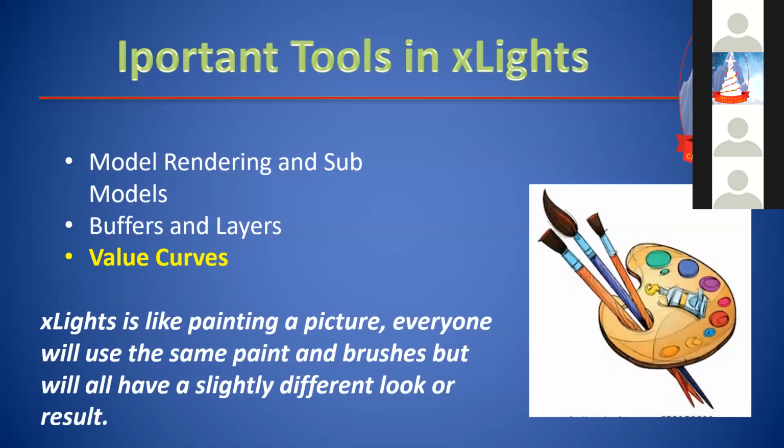So if I gave everybody in this room some paint and some paintbrushes, and I said, go paint a picture of a Christmas tree, every picture would look different. It would look slightly different with the colors, the shapes, the sizes. And xLights is the same way. xLights has so many tools, and the xLights team has done some phenomenal stuff, and they continue to raise the bar.